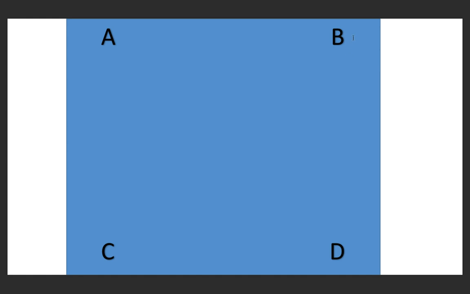So if we rotate it in anti-clockwise direction, this corner B will come to this corner which we have marked by A, and this corner A will come to this corner which we have marked by C, and this corner C will come to this corner which we have marked by D, and this will come to this position which we have marked by A. These positions are obtained by a single rotation in anti-clockwise direction, which is nothing but a rotation of 90 degrees.